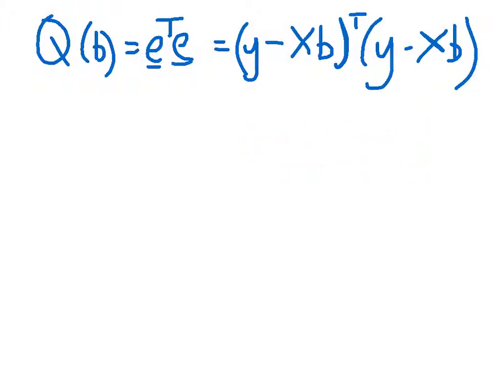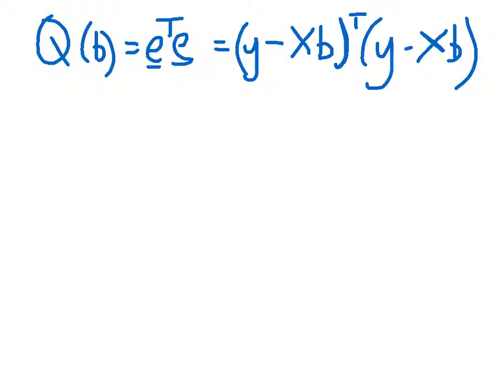What we want to do though is to minimize this, so we need to differentiate this with respect to b. And what we can perhaps see fairly readily is that we have an f of b and a g of b.